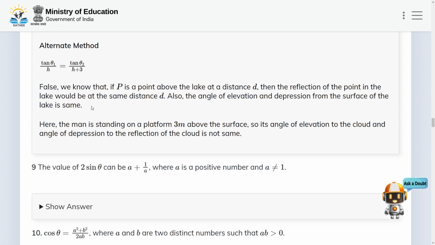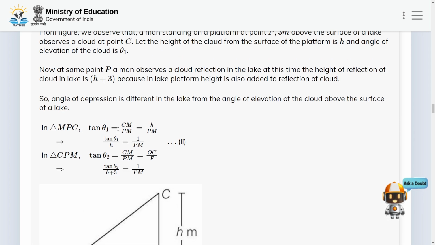We know that if P is a point above the lake at a distance d, then the reflection of the point in the lake would be at the same distance d. Also the angle of elevation and depression from the surface of the lake is the same. So here the man is standing on a platform 3 meters above the surface, so its angle of elevation to the cloud and the angle of depression to the reflection of the cloud are not the same.